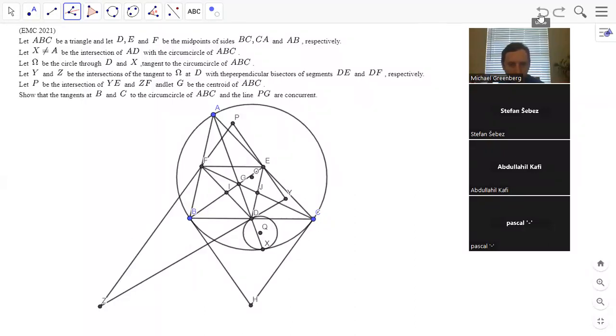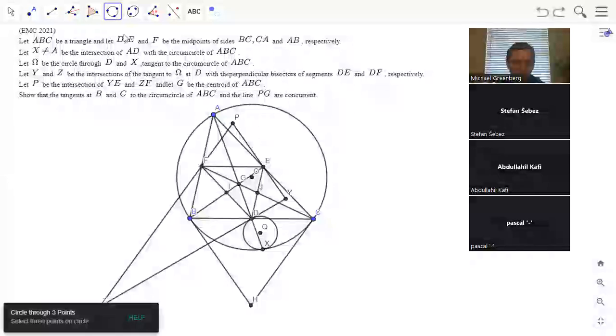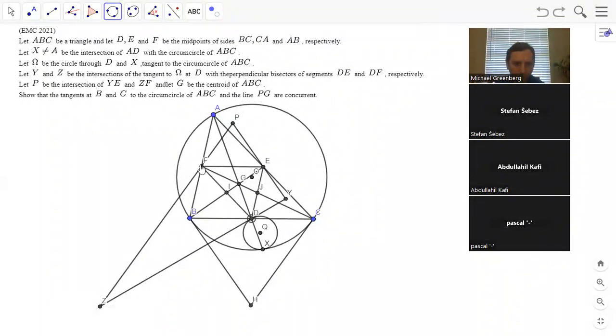Actually, one thing is that DEF, the nine-point circle, is the incircle of PZY. That simplifies the problem a lot. But I didn't prove it yet. DEF is the nine-point circle of BZY. No, it is the incircle of PZY. Of PZY. Okay.